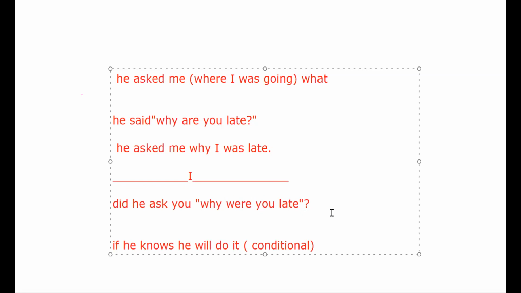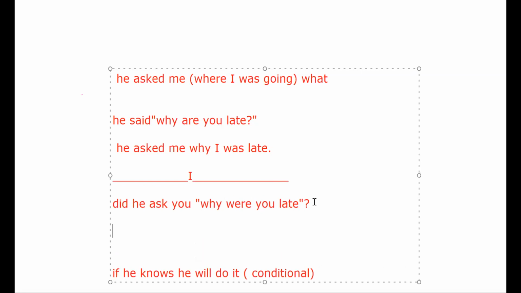Now I'm asking to change this into indirect speech. Now see here. Did he ask you? I am not going to change this form. Simply, did he ask you? This is what I changed. Did he ask you why?